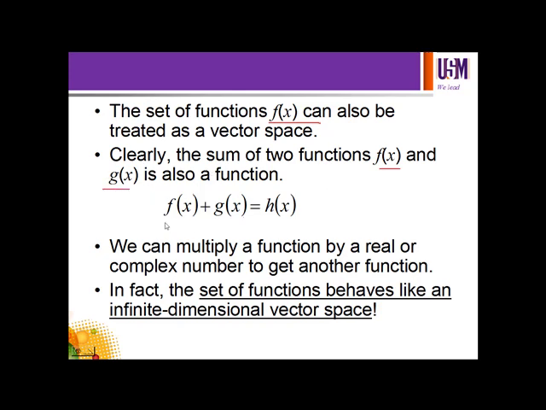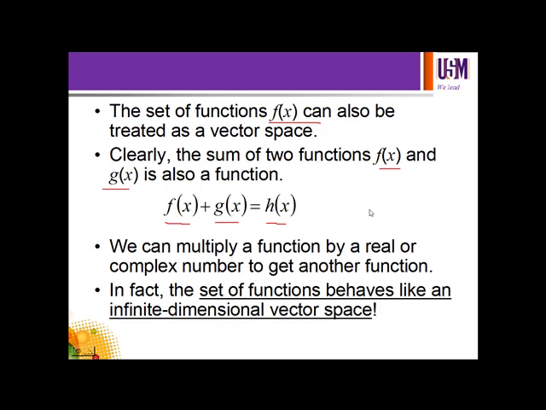If you have two functions f and g, you add them up and you get another function h. We can multiply a function by a real or complex number to get another function, as said in the previous slide.